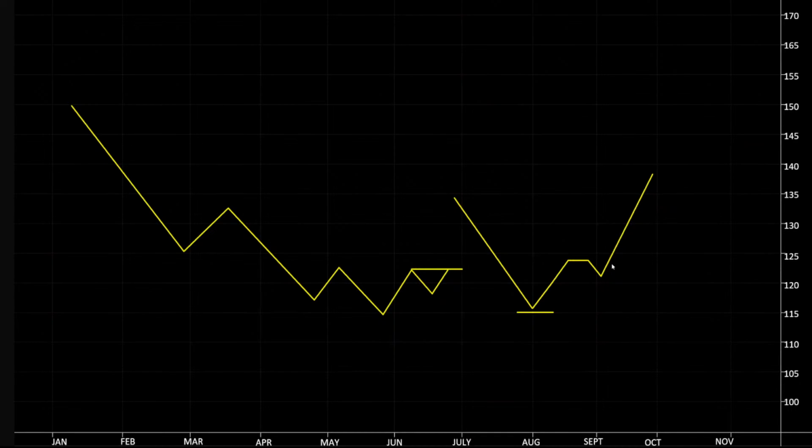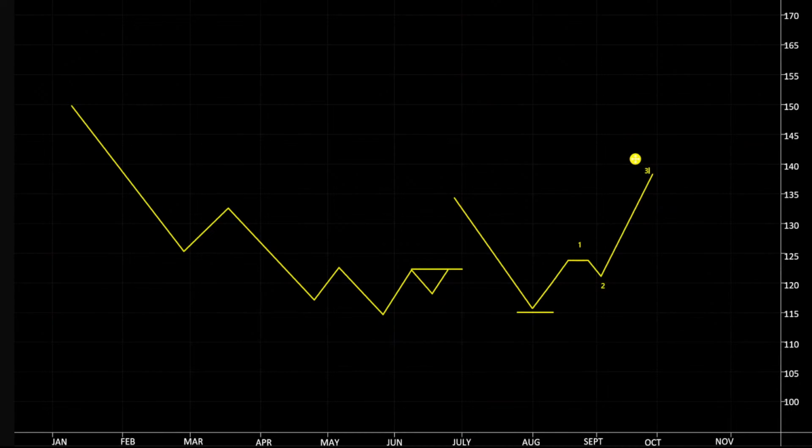And again, the 1, 2, 3 name of it is because in a trend, you have 3 patterns. The first pattern in a trend is the breakout. When you break out of resistance, that's pattern number 1. When you increase in support, that's pattern number 2. When you get overextended, that's pattern number 3.